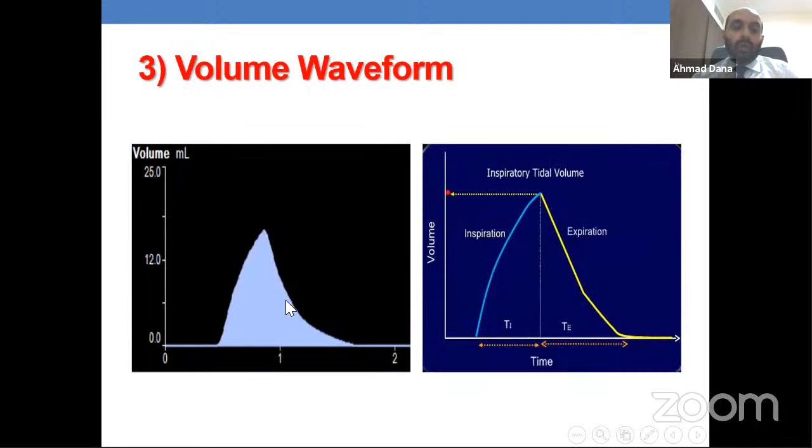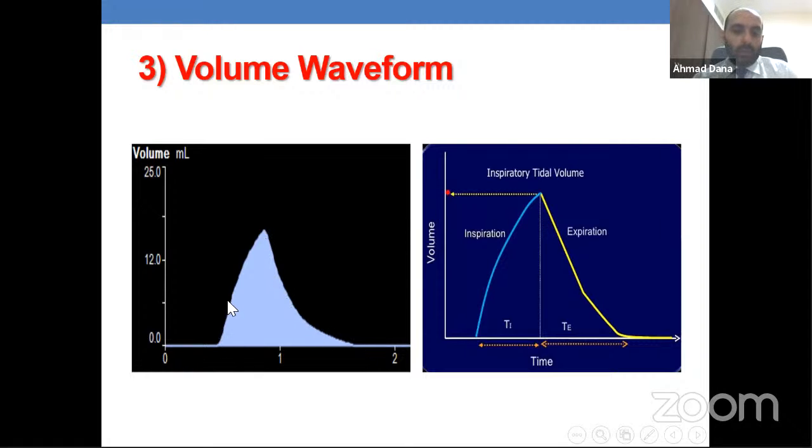Now, in the volume waveform, as we said, this is the inspiration, the volume will go up until it reaches the plateau. Then the expiration comes when the inspiratory time finishes. So this is the inspiratory time, and this is the expiratory time when the exhalation valve will open. So the expiration will go.